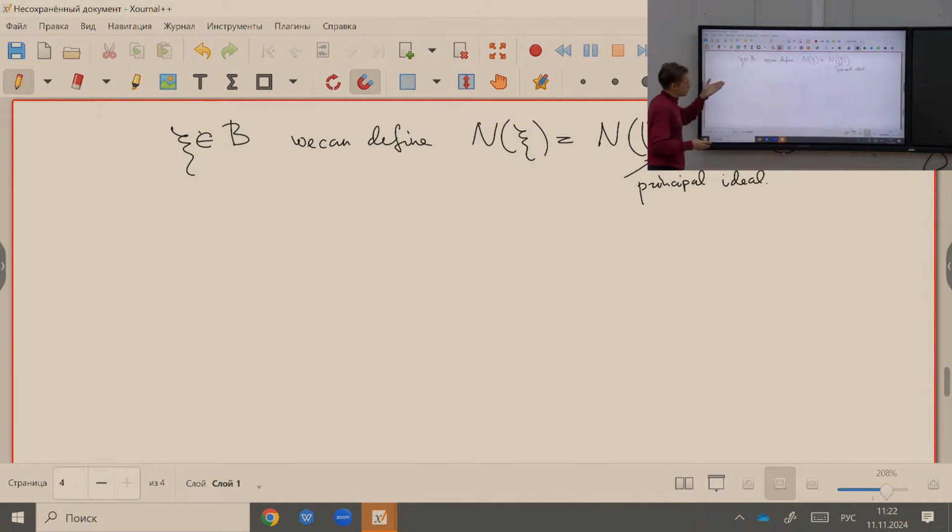And also you can do it in the other way. We consider it as a multiplication, the standard way.